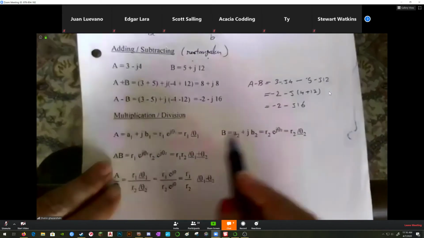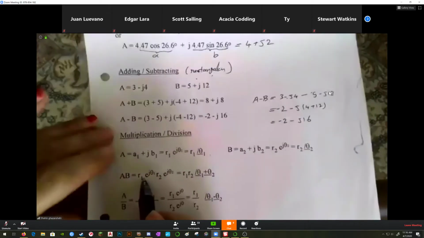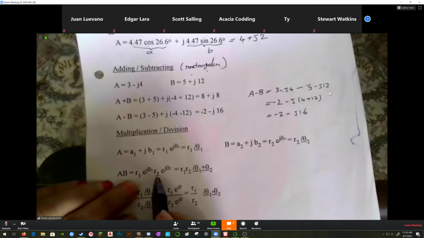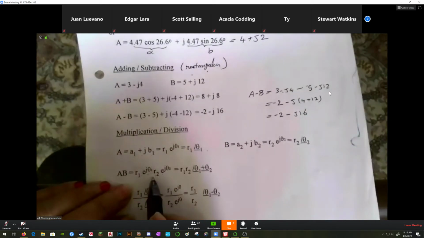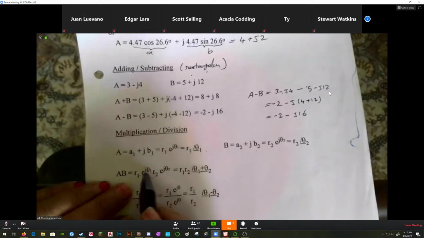If I want to multiply in exponential, it is like this. A times B, you write R1 exponential of J theta 1, times R2 exponential of J theta 2. When you multiply two exponentials, what do you do? You add the powers, correct?